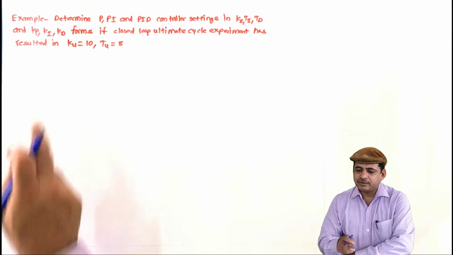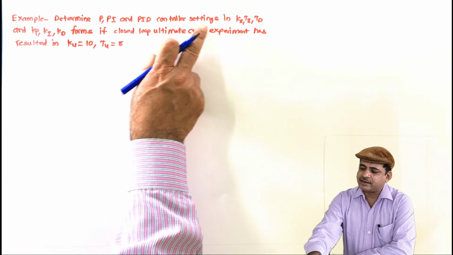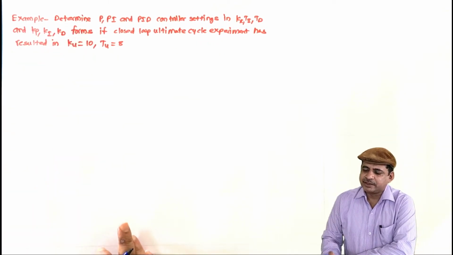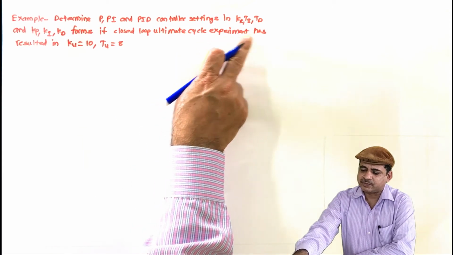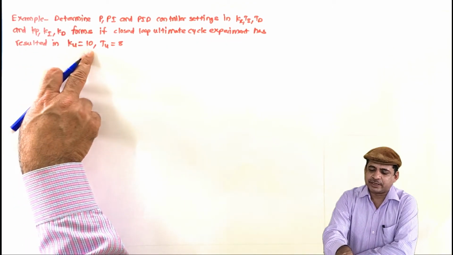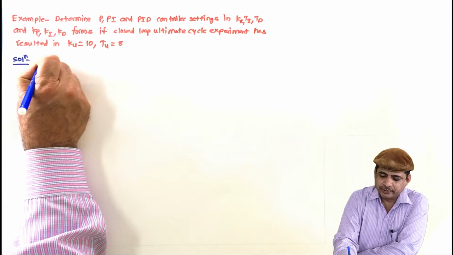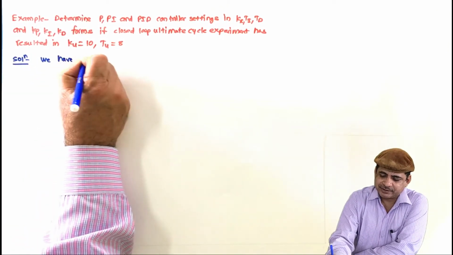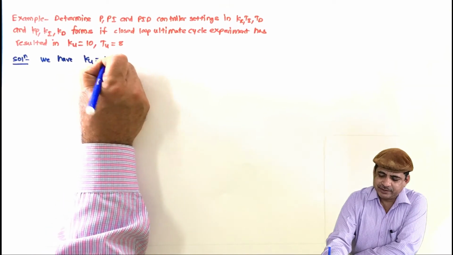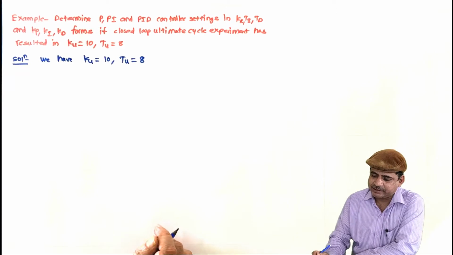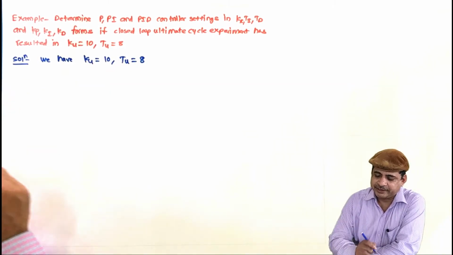Here we have to determine P, PI and PID controller settings in both Kc-Ti-Td and Kp-Ki-Kd forms if the closed loop ultimate cycle experiment has resulted in Ku equal to 10, Tu equal to 8. So we have directly the parameters Ku, that is ultimate gain, which is K marginal, and Tu, the period of oscillation at marginal stability, 8.